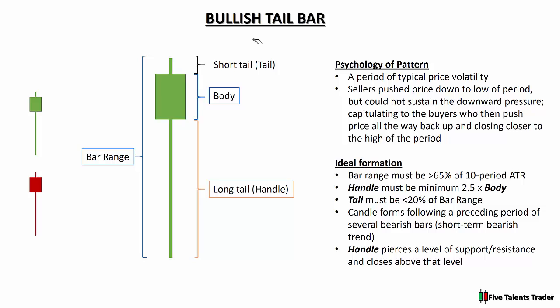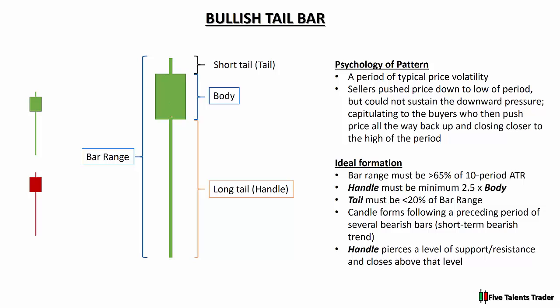For an ideal formation of a bullish tail bar, the bar range must be greater than 65% of the 10-period ATR. So whatever the 10-period ATR is, the signal bar, the bullish tail bar in this case, must be at least 65% of the 10-period ATR.